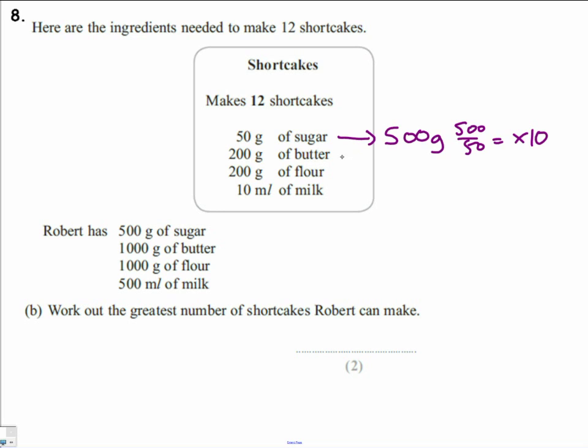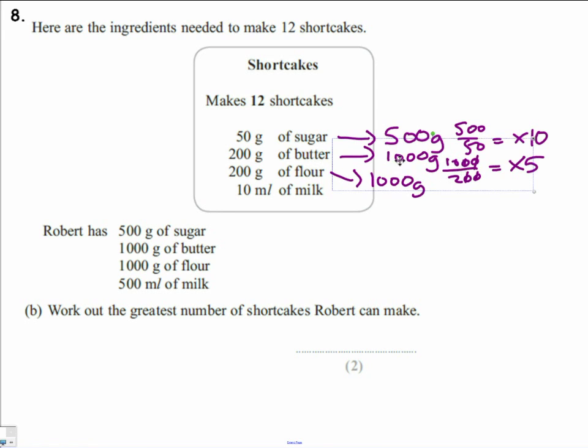From 200 grams of butter to 1,000 grams of butter, well, when we divide 1,000 by our 200, we end up with, cancel those out, 10 divided by 2, a scale factor of 5. For the flour, again, we've got 200 and it goes to 1,000 grams.